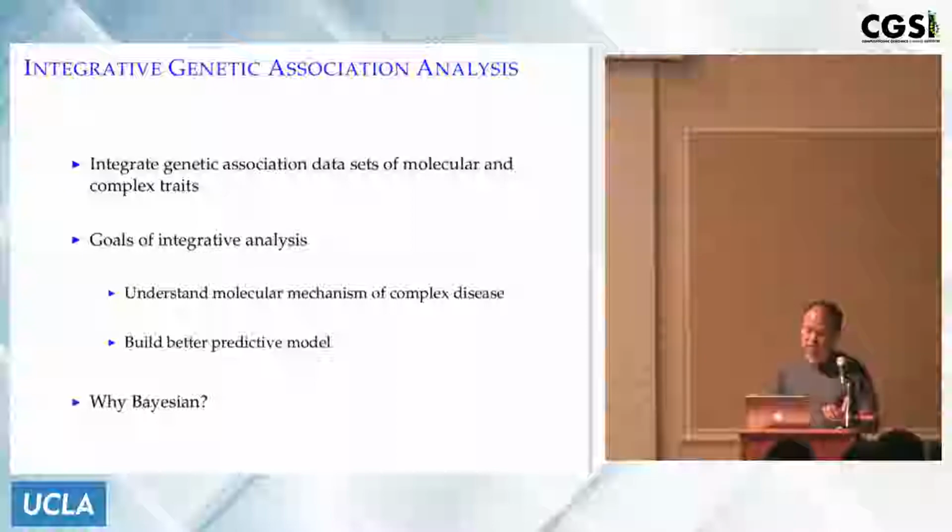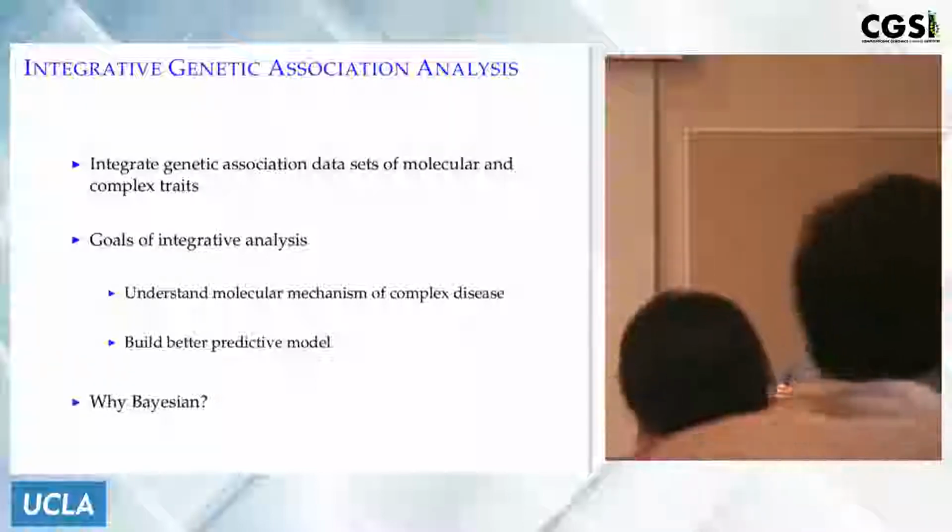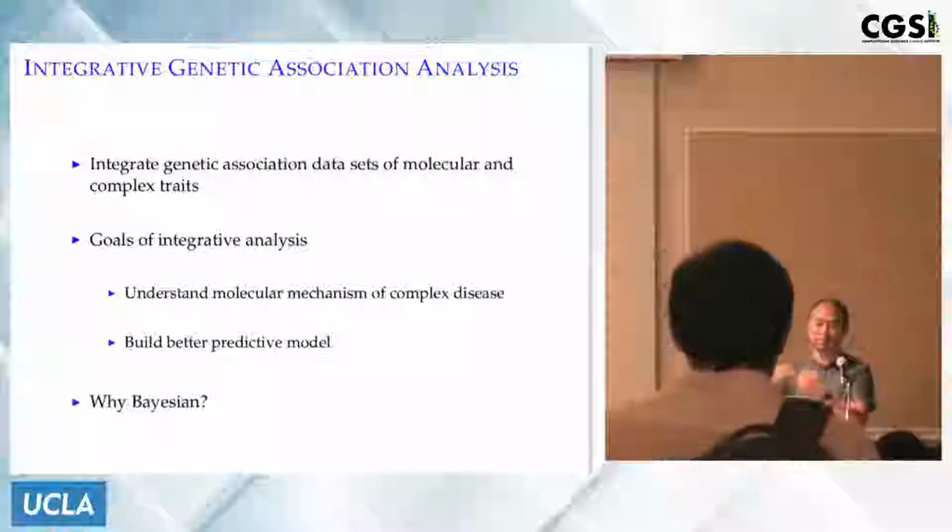So the general theme for this talk is that we're trying to integrate the knowledge learned from different sets of genetic association data. They could either come from molecular phenotype or complex phenotype. Like Bogdan's talk the other day, there is integration of the knowledge and the integration of the data sets.